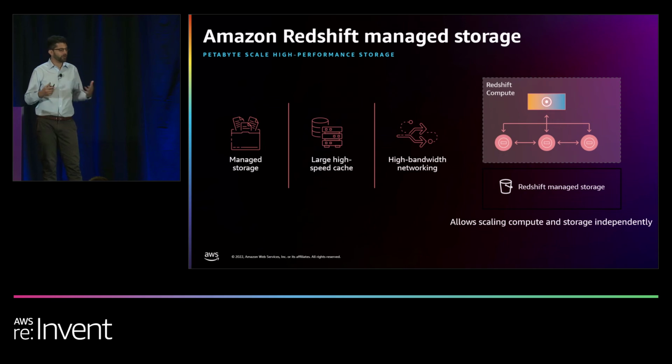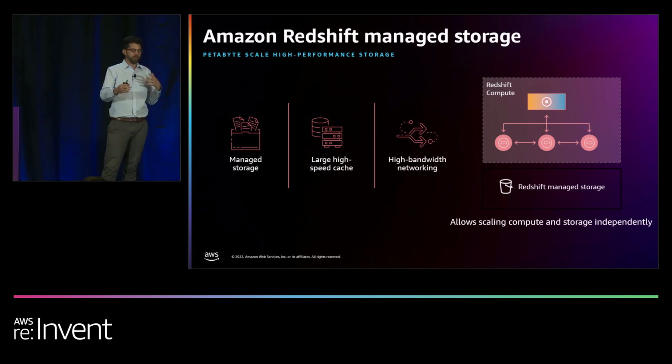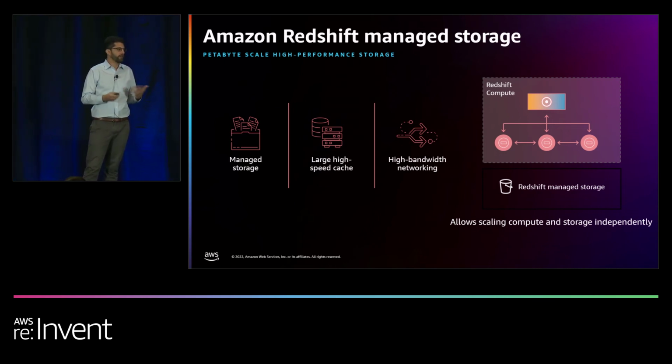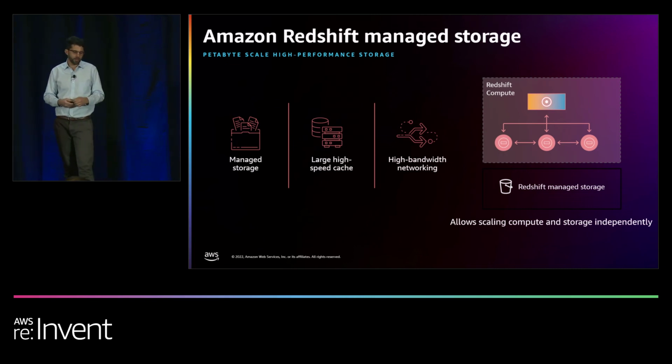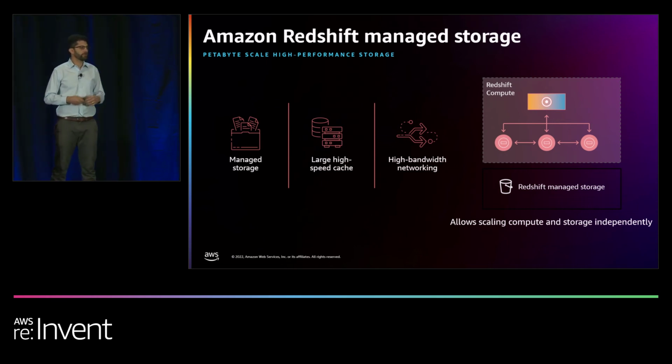These use very large high-performance SSDs as local caches and intelligently push data down to S3 as well. So you get sort of the best of all worlds here. In both Aurora and Redshift, the storage and compute scale independently. So you can size your cluster to exactly what you need it to be.